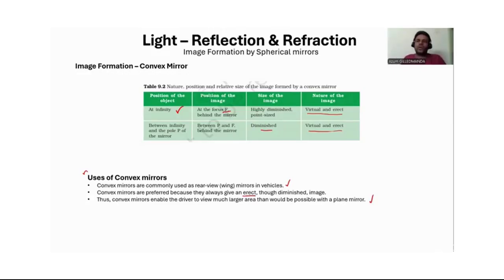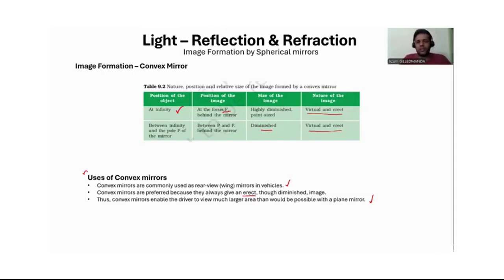Right. So that's not going to help us. We need to get alert before that vehicle comes closer to our vehicle. That's why we use convex mirrors, where an image at a distance can be seen as a closer image and more area is covered. So that's the reason we use convex mirrors.